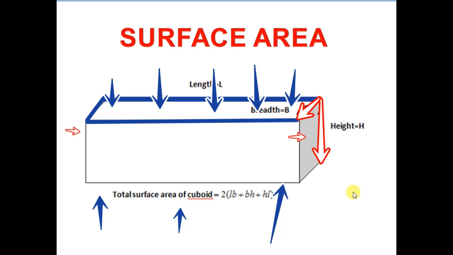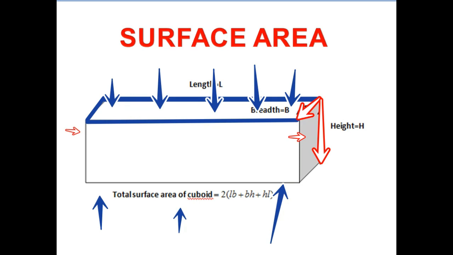Similarly, you have your height into length. This is the length and this is your height. The same surface comes here and the same surface comes behind as well. So it becomes into 2 again.